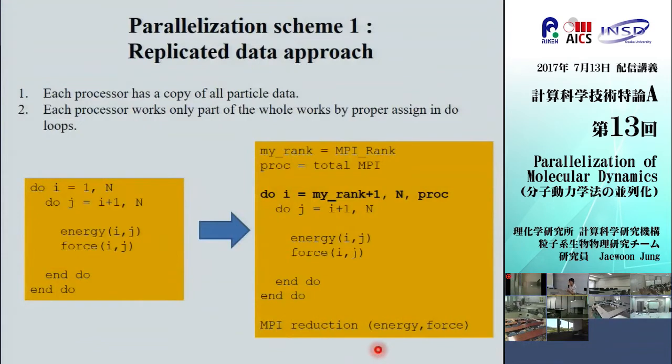But the problem is that this reduction requires quite a large communication cost. So this parallelization was used 20 years ago, but nowadays this scheme is used only in a very small number of software packages and in very special cases.